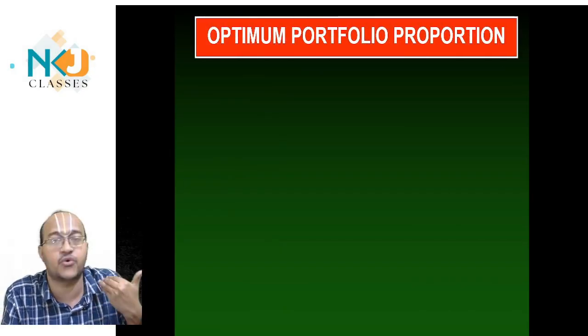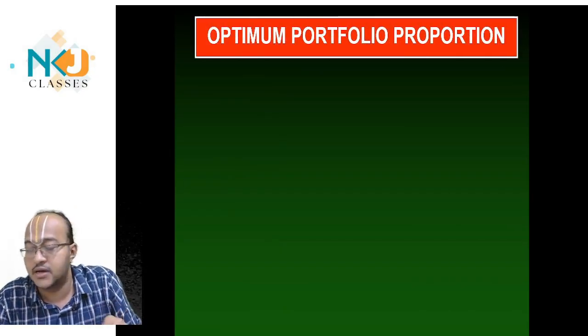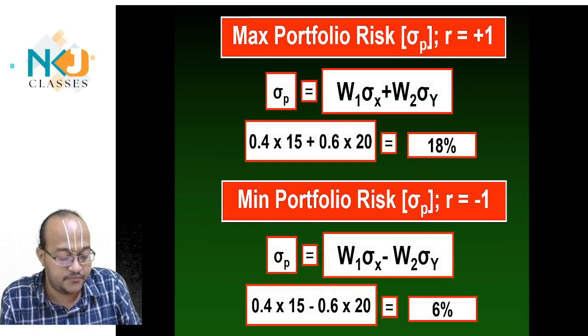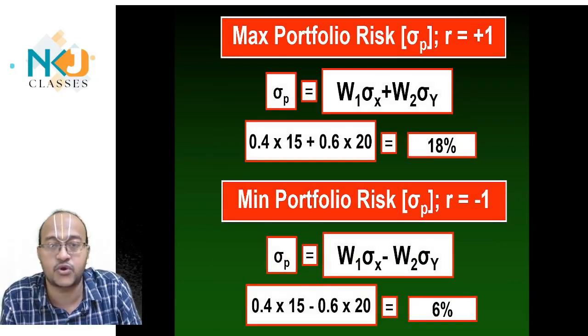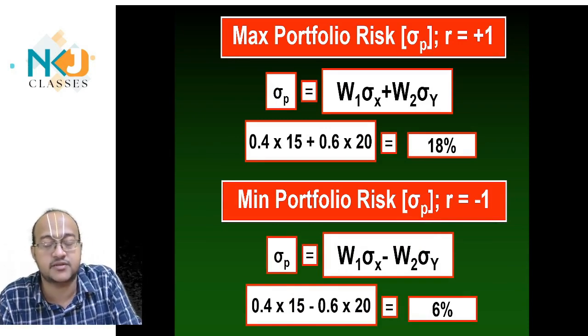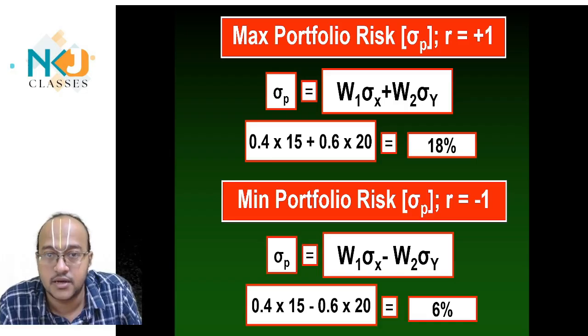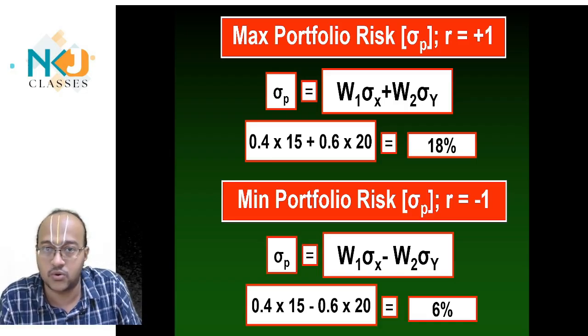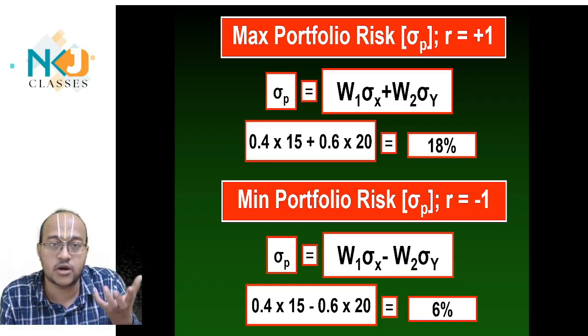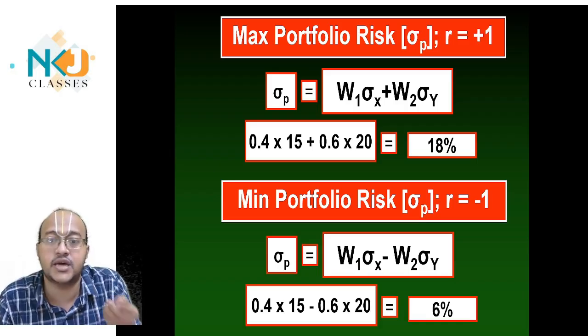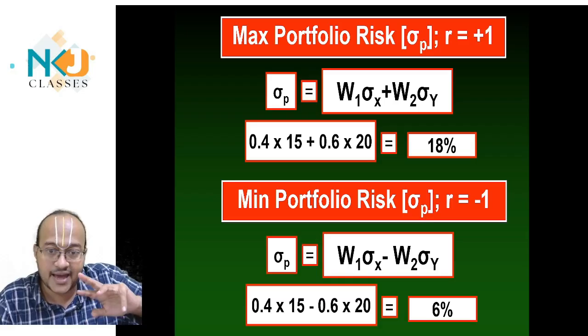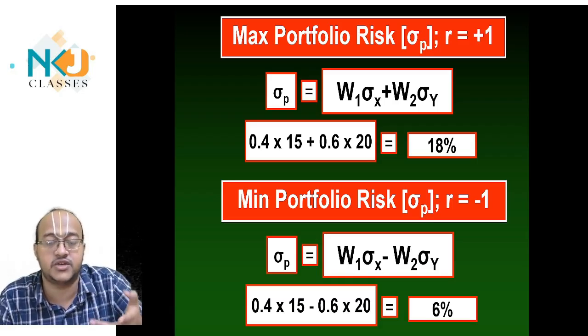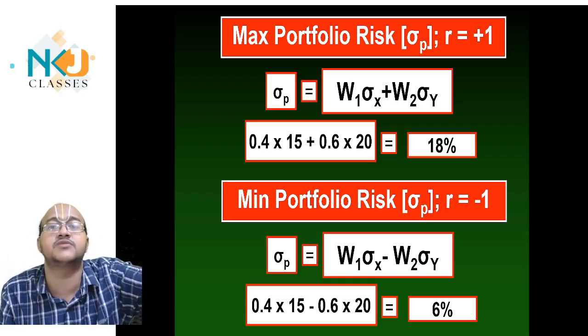Optimum portfolio proportion. In the previous part, the portfolio risk was 6%. At -1 correlation, you said risk can be brought to 0, but 6% is not equal to 0. So you have not brought the risk to 0. Now they are asking, use a good mixture of these securities so that the risk becomes 0.